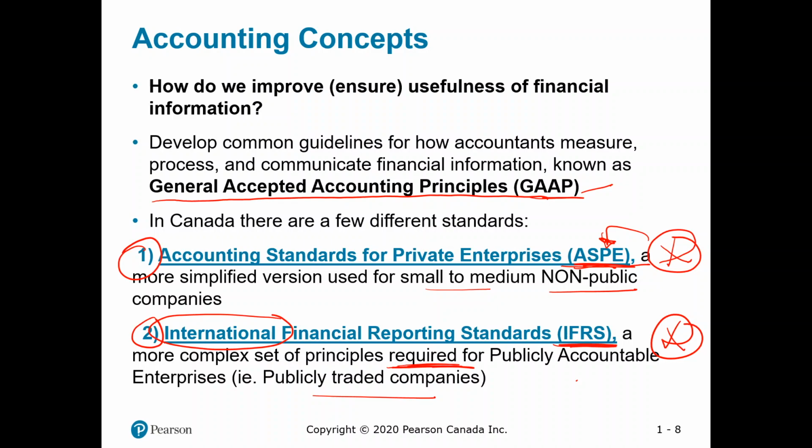I only actually worked on one company that was a public company and they used IFRS. If you're in Red Deer, there are far fewer public companies, so you're likely to see ASPE being used. Whereas if you go to Toronto or Calgary or even Edmonton, there are going to be more public companies, so IFRS would be a bit more common.